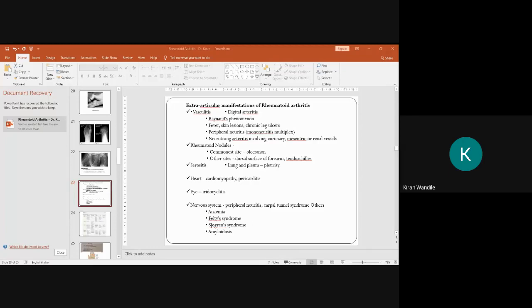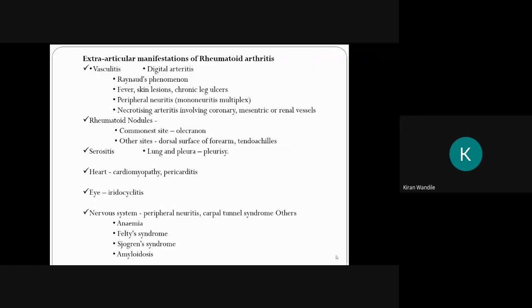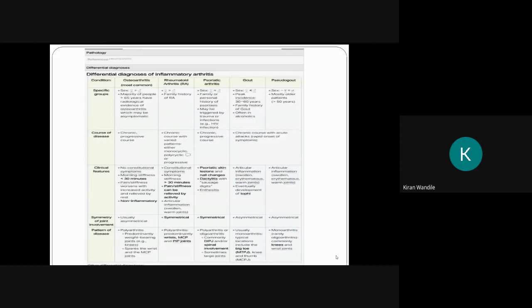In Sjogren's syndrome, finger, wrist, ankle, elbow can be involved, along with scleritis, episcleritis. So these are the extra-articular manifestations of rheumatoid arthritis. So you must know the various conditions to differentially diagnose rheumatoid arthritis.